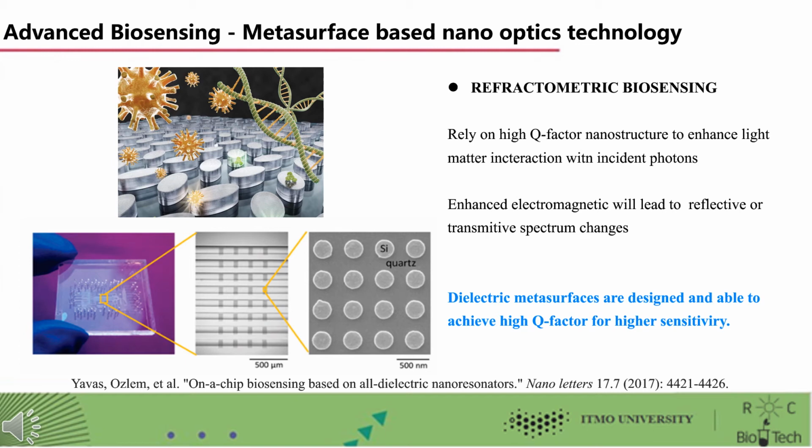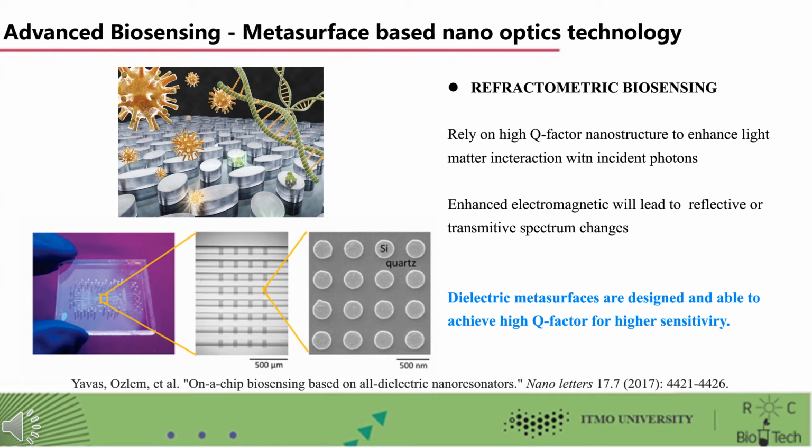One big category is refractometric biosensing. They are based on strong Mie-type resonance in dielectric metasurfaces, giving rise to pronounced light-matter interaction with the analytes in the vicinity of the resonators. By carefully tailoring the metasurface design, the resonance can be sensitive and responsive to the optical properties of the surrounding media.